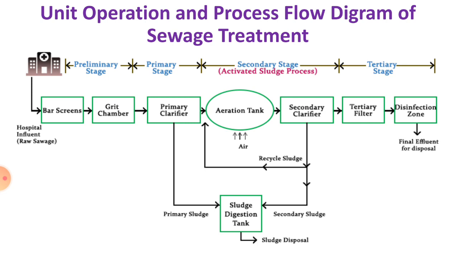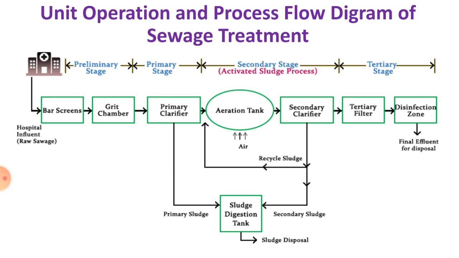To a certain extent the suspended particles get removed, and then it enters the aeration tank, which is also called the secondary treatment phase or the activated sludge process, or it may be a trickling filter also. In the aeration tank, sufficient oxygen is provided, which improves the decomposition process by the aerobic bacteria, and then the sewage goes to the secondary clarifier, then the tertiary filter, where the entire stabilized sludge is removed from the wastewater.